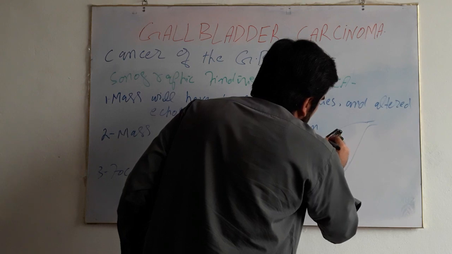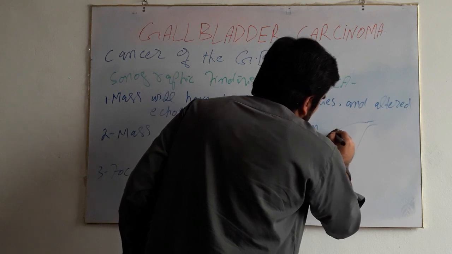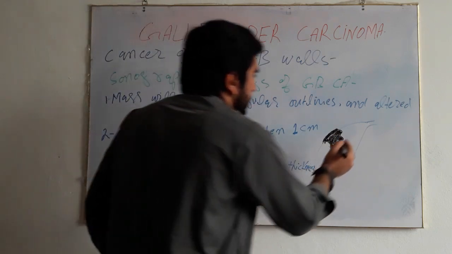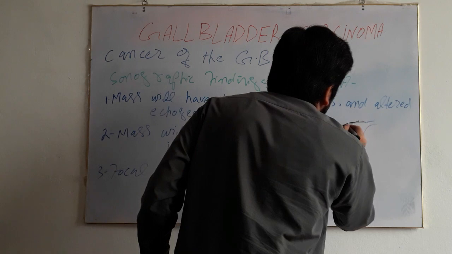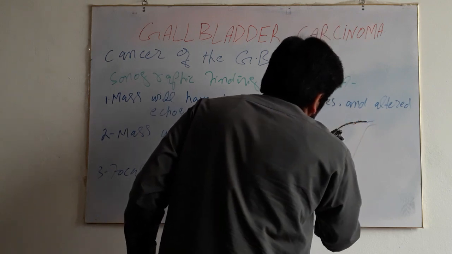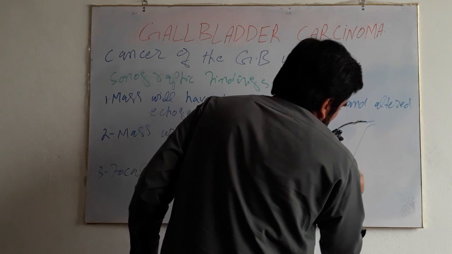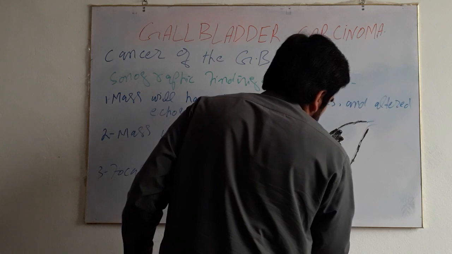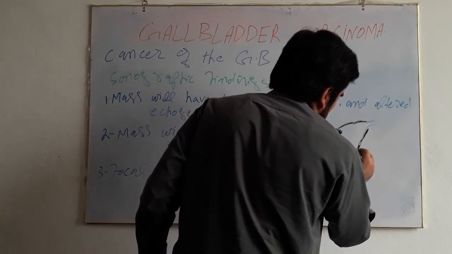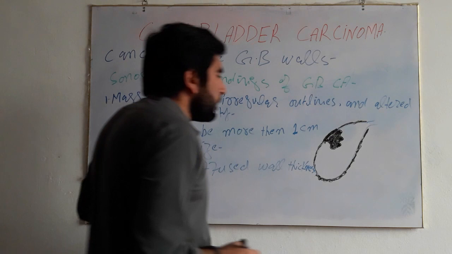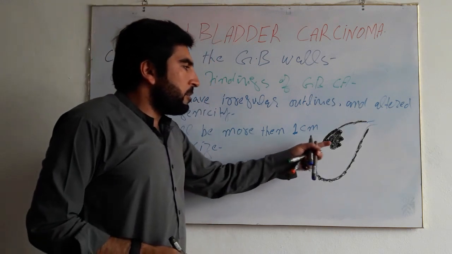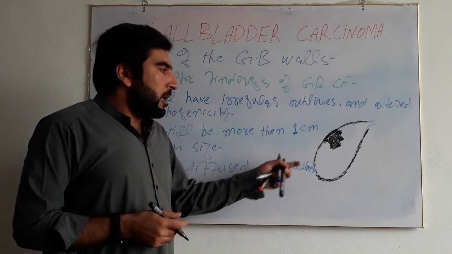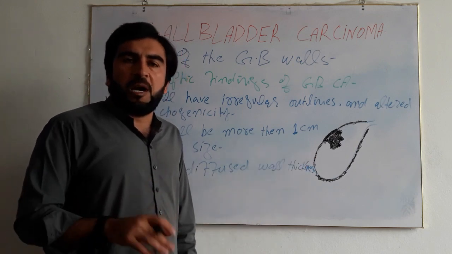If the part of wall where the carcinoma is attached becomes thick, that term is the focal wall thickness, and if the complete wall of the gallbladder becomes thick, then its term is the diffuse wall thickness. And it may sometimes become so enlarged that it completely fills the gallbladder fossa and also invades the nearby hepatic or liver tissues.